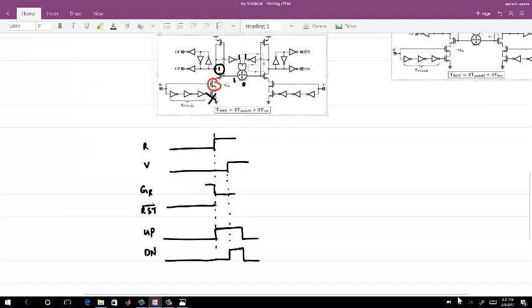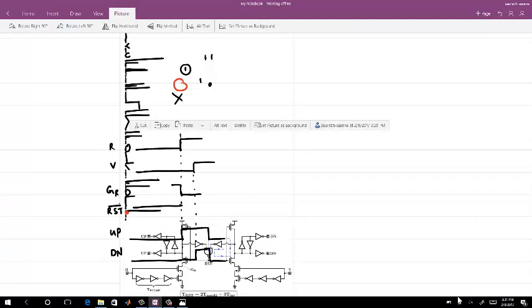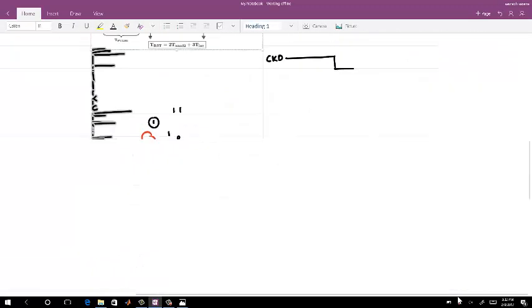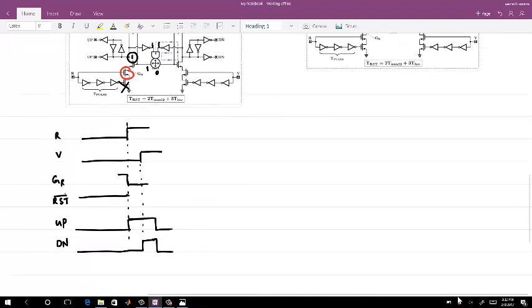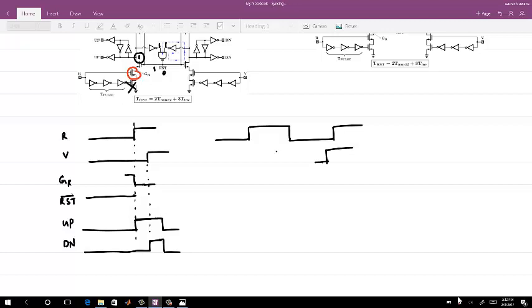Okay, now this is what happens when I'm showing you the phase error difference here as such, right? Okay, so now the other one which I am trying to tell you is, let's say this is your R signal, and the V signal, as we have seen in the previous cases, goes high very narrow, very close to your 2 pi signal.